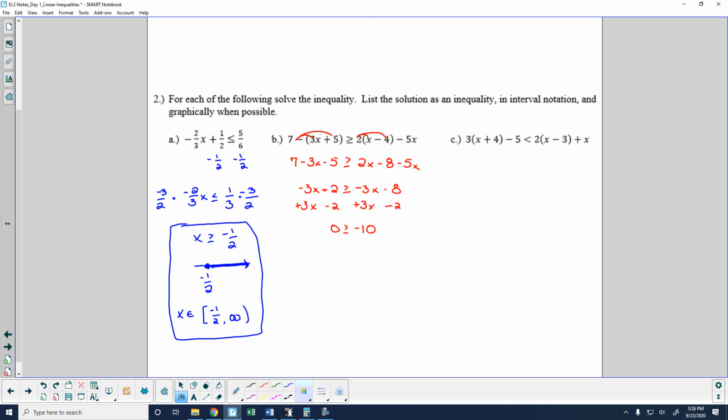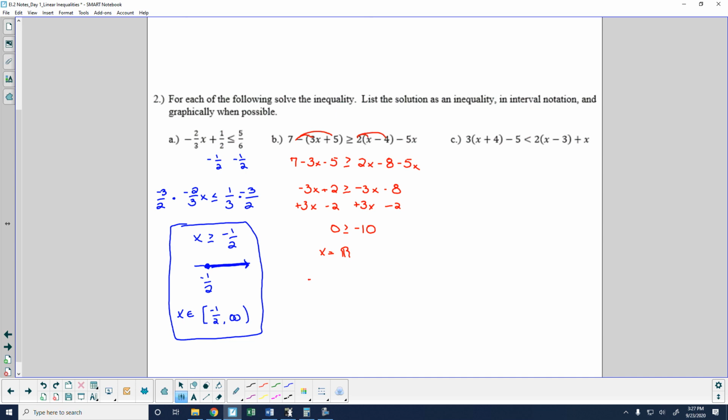If you come out to a statement that is true, always true, 0 is greater than or equal to negative 10, which is true, that means our solutions are all real numbers. So you can write out all real numbers, but also this is a symbol for all real numbers. So if you write the letter R with double bar, that means all real numbers. So x in this case is all real numbers.